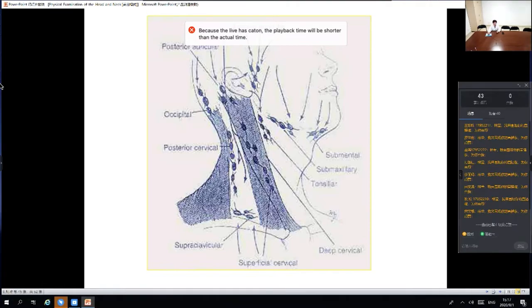If there is any enlargement of the lymph nodes here, the lymphatic draining area is the scalp and also the ear, the postauricular draining area, the occipital area.